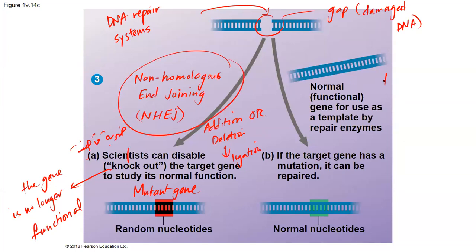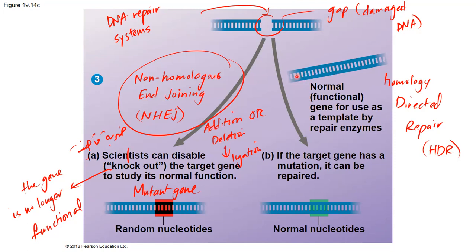The other mechanism is called homology-directed repair, or HDR. In homology-directed repair, a normal copy of the gene must be present and could be used as a template for the repair.